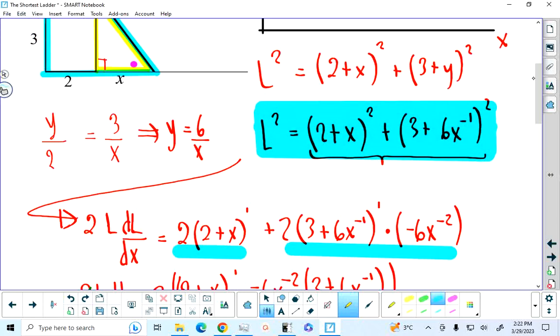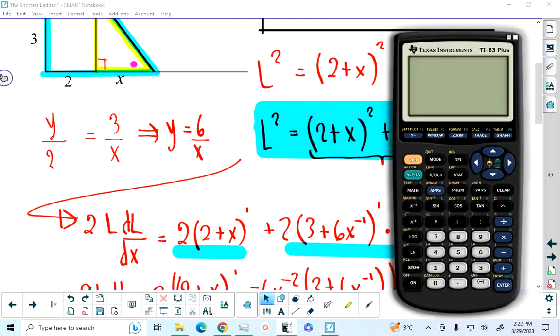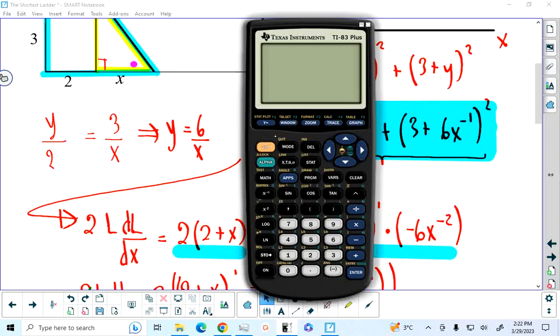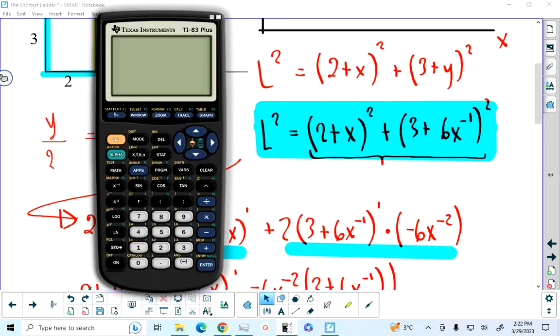I'm not going to write anything else down here. I'm just going to grab my calculator. I'm going to begin by taking the cube root of 18, which is 18 to the third, and I'm going to store it as a.